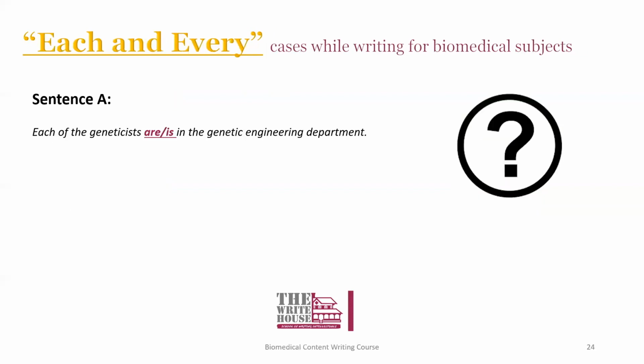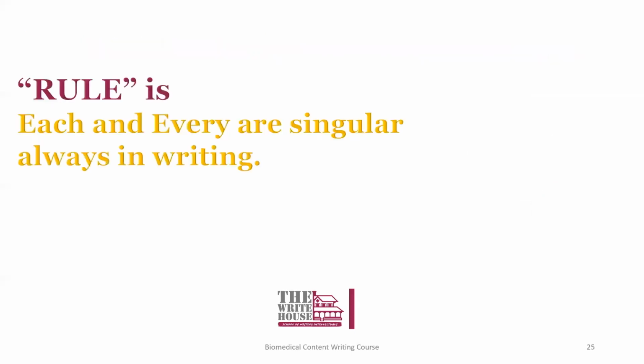Now each and every case while writing for biomedical subjects: each of the geneticists is in the genetic engineering department. Now here we will use are or is. The rule is each and every are singular always in writing.